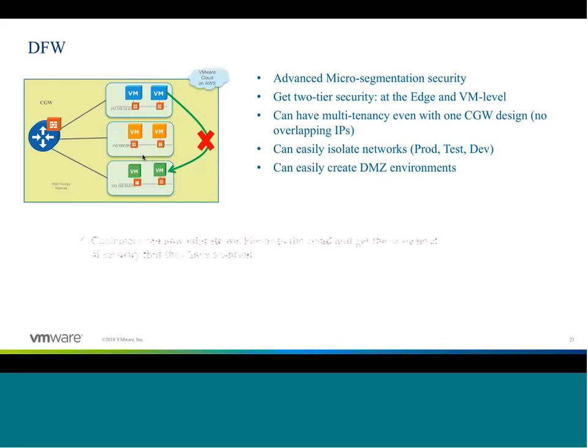You can easily create DMZ zones, and one of the most important things here is customers can now migrate workloads to the cloud and get the same level of security that they're used to on-prem, right? So if they're on-prem leveraging things like security tags, security groups, well, we're now also providing that functionality in VMware Cloud on AWS. So they can leverage the same tools and capabilities that they're already leveraging on-prem.